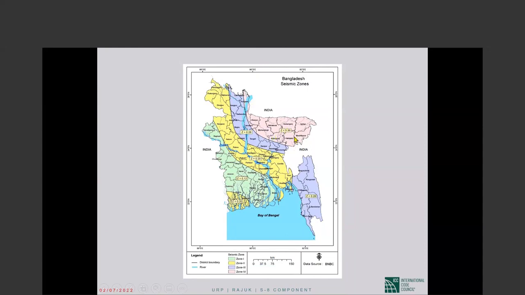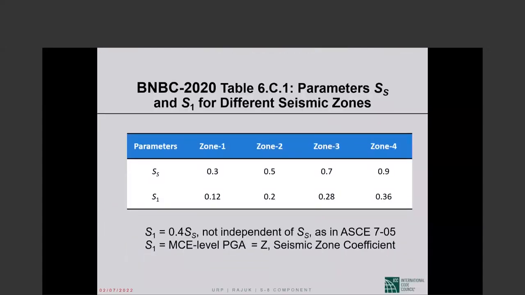The pink zone, zone 4, has a Z factor of 0.36. The next lower is 0.28. Then for zone 2, which is Dhaka, it's 0.20. And then zone 1 is 0.12. So we have a Z factor to go with each of the seismic zones.